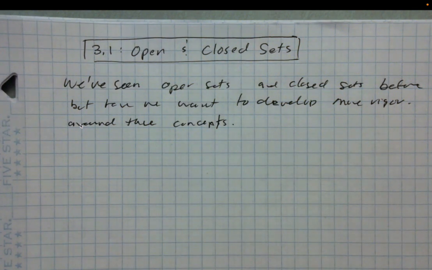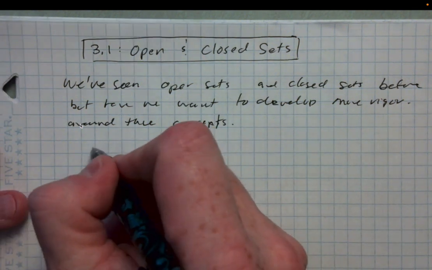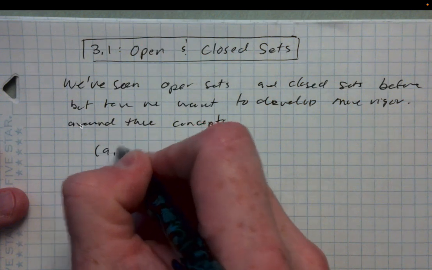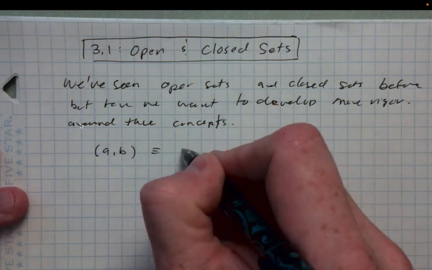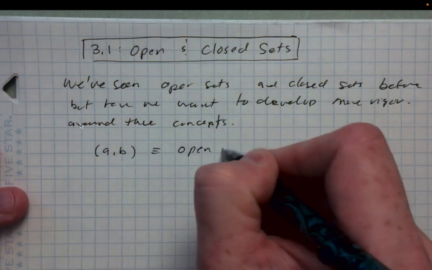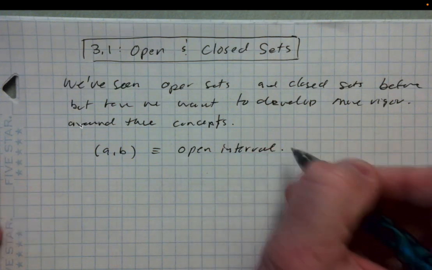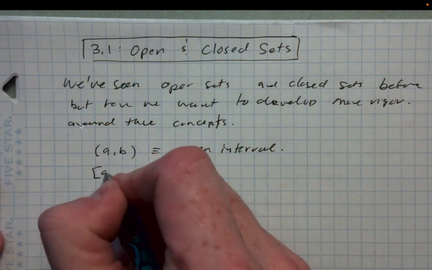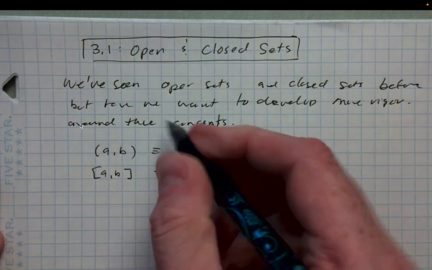Specifically, we know what we mean when we talk about an open subset like (a, b). We've talked about this in terms of an open interval. And then we know that a closed interval [a, b] we denote like this.